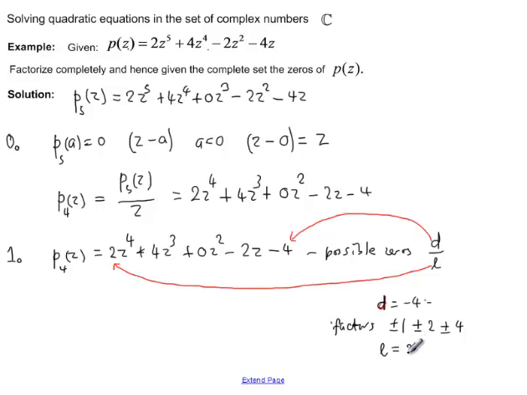So the next thing is to look at factors of L. The L in this case is 2. What are factors of 2? I think plus or minus 1. If we took 2 minus 1s, we will produce a minus 1 and a minus 2 will produce 2.